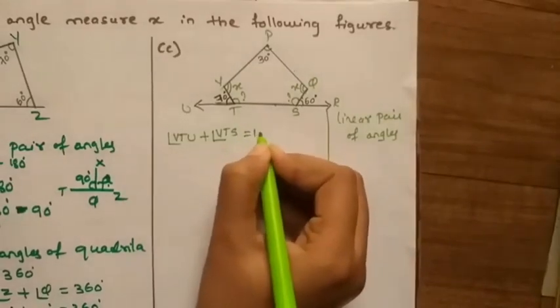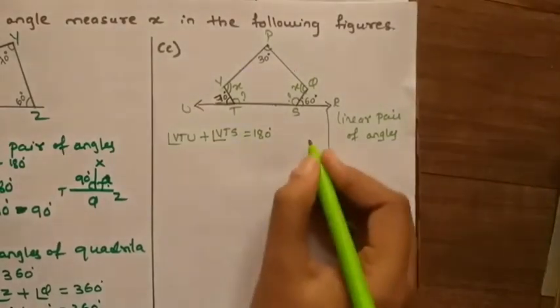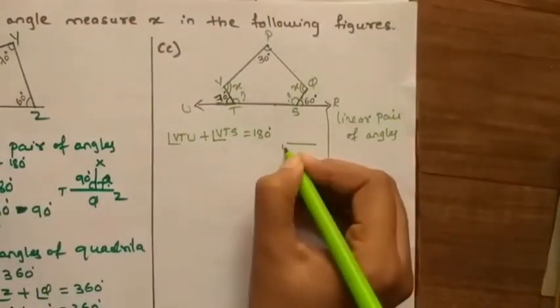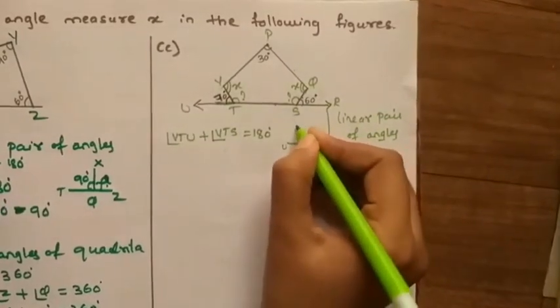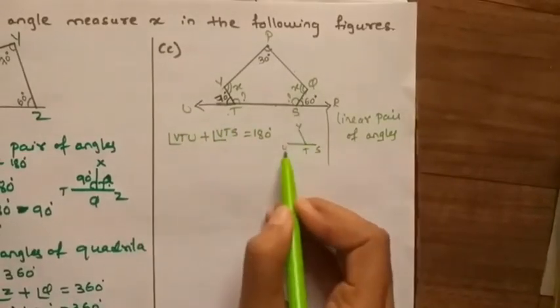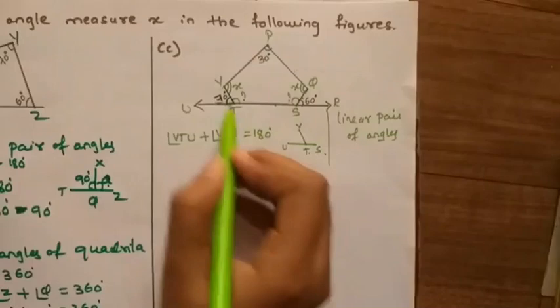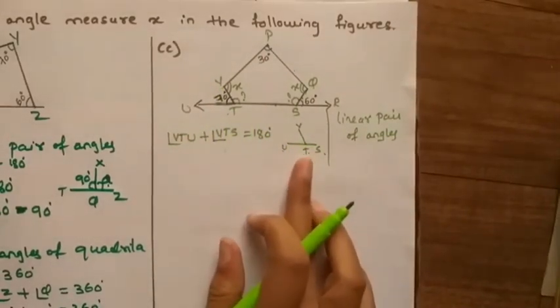Here the figure is like this. Just observe. This is U, this is S, and this is the V and T. This is the linear pair angle.